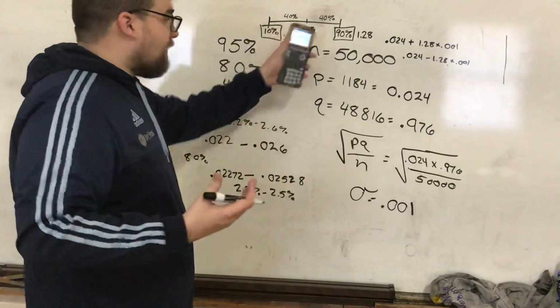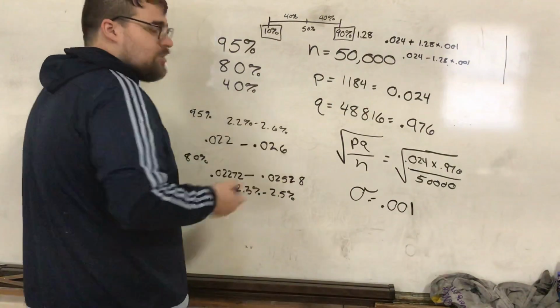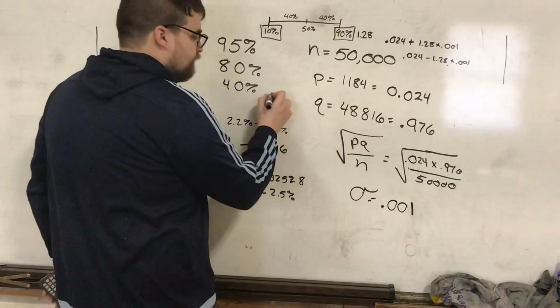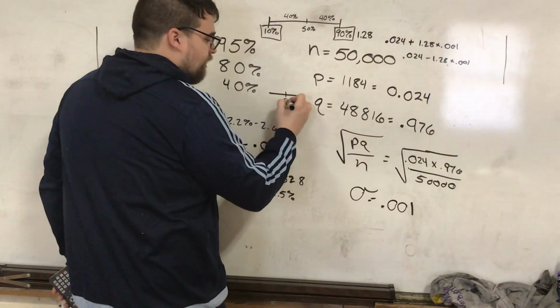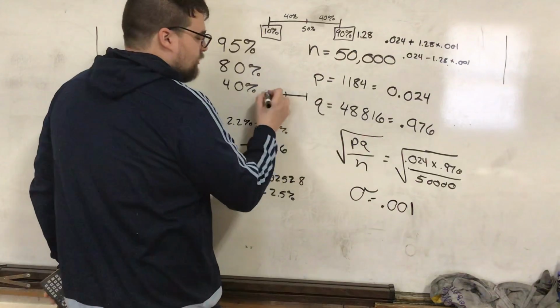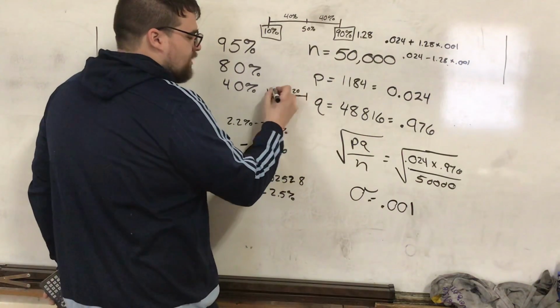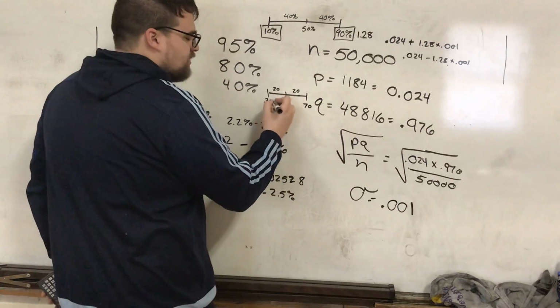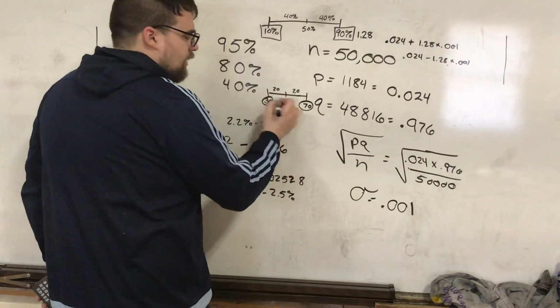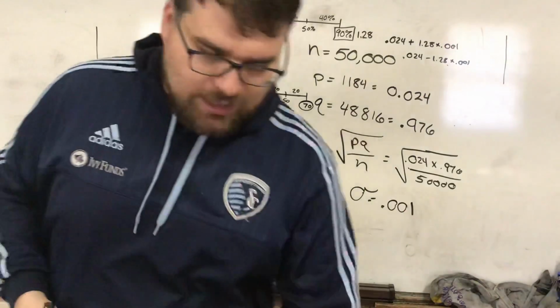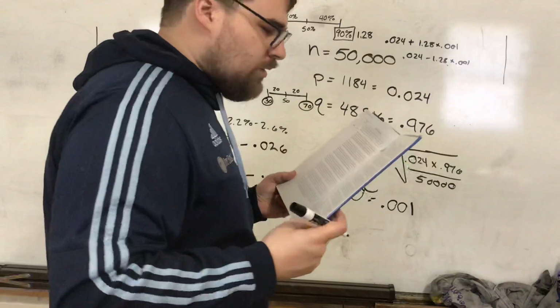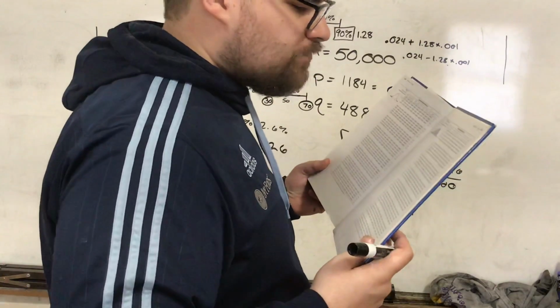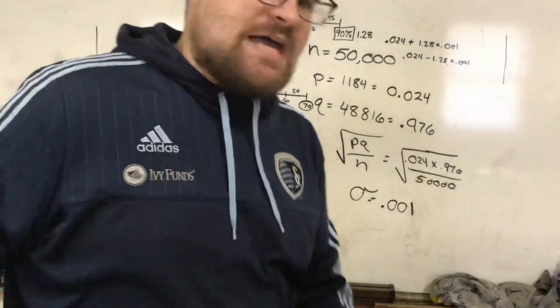One more time, we're going to have to figure this out. We only want the central 40% of the data. So with the center at 50, and we're going central 40, that means we're going to have 20 above, 20 below. That's going to go from 30 to 70. I'm going to look up the 70th percentile, and I'm going to find the 70th percentile to be at 0.52.